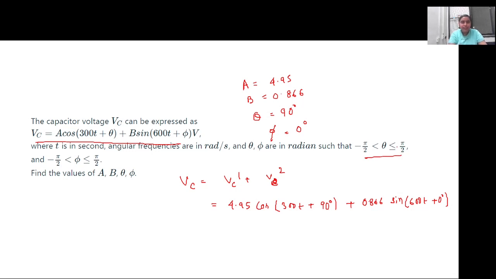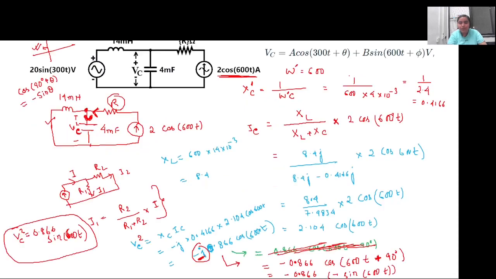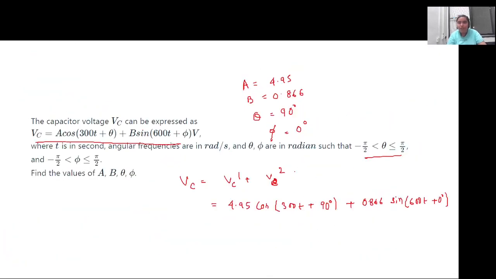Then you can get rid of it, because beyond 180 degree you can get rid of it, right? While solving, you may use various approaches. Suppose you got something like sine of 600t plus 180 degree, right? If you had come up with this, then what could you have done?